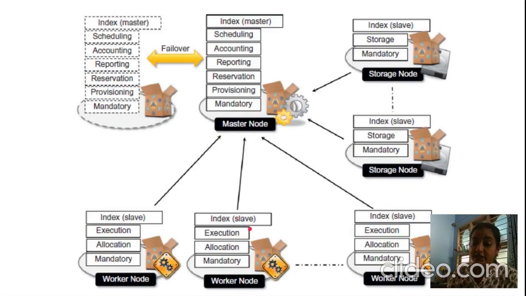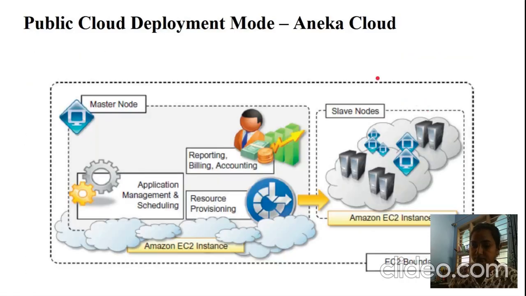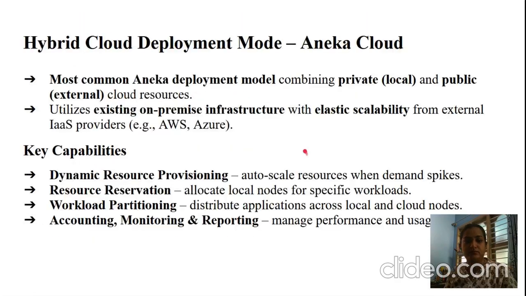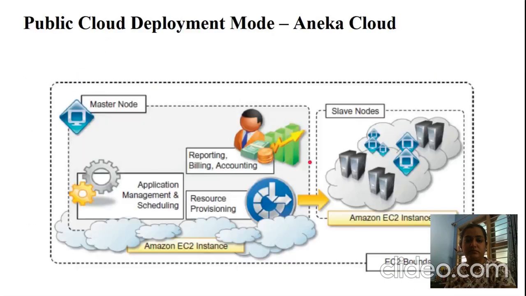Aneka Cloud's logical design is a combination of master, worker, and storage nodes, combined in order to give efficient service. The logical organization also talks about efficiency, scalability, and resilience in a distributed cloud environment.